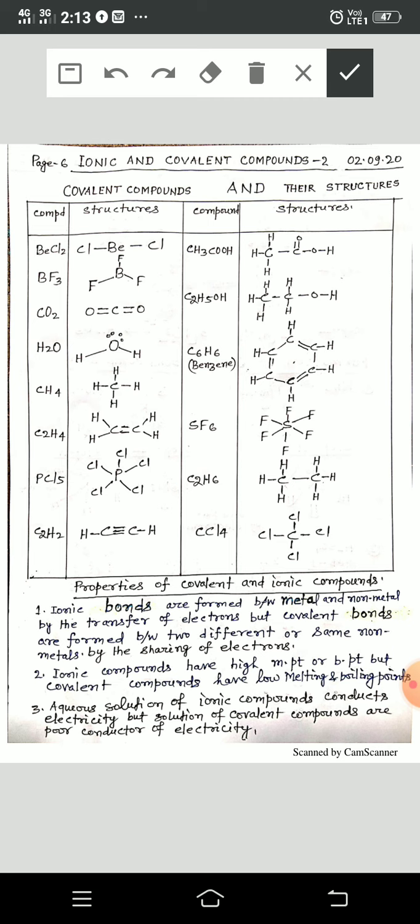Aqueous solutions of ionic compounds conduct electricity, but solutions of covalent compounds are poor conductors of electricity, and covalent compounds have definite shape and structure, but ionic compounds exist in lattice form. And for satisfaction in detail you will learn in class 11.